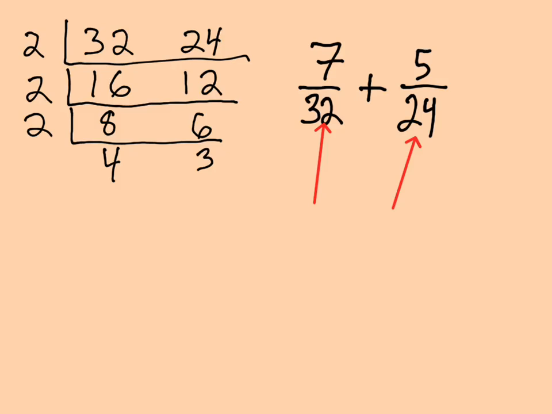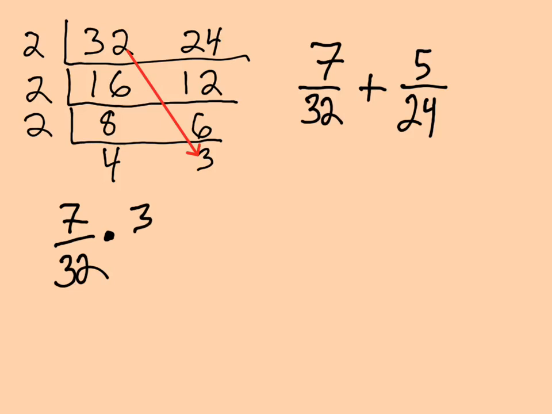So I've made my L chart, and then we can look over at the fractions and say, I'm going to take my 7/32 and I'm going to look diagonally down. Remember that 3? And I'm going to multiply by 1 in the form of 3/3. Notice this has a value of 1, so I'm not changing the value of 7/32.